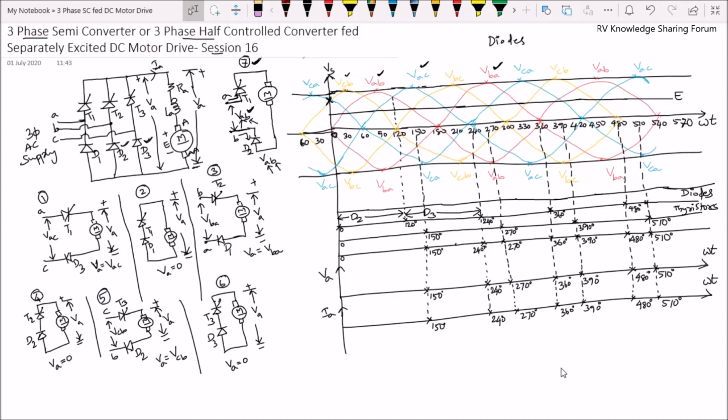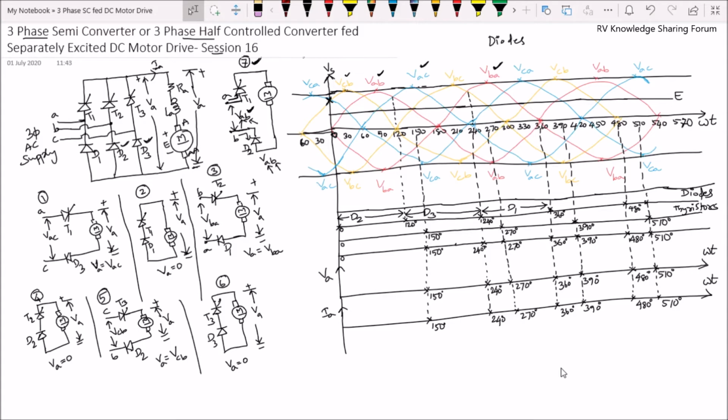That means diode D1 will get forward biased for the line voltage VBA. Now let us check at which angle VBA becomes more positive. At an angle of 240 degrees, the line voltage VBA becomes more positive. Therefore, at 240 degrees, the diode D1 gets forward biased.